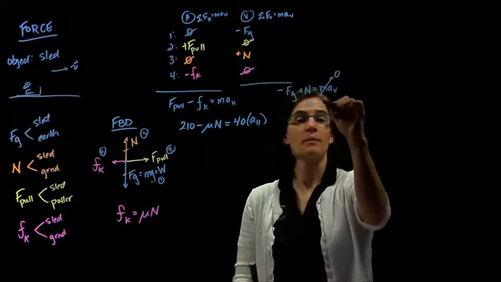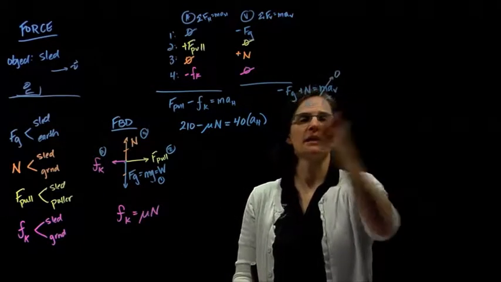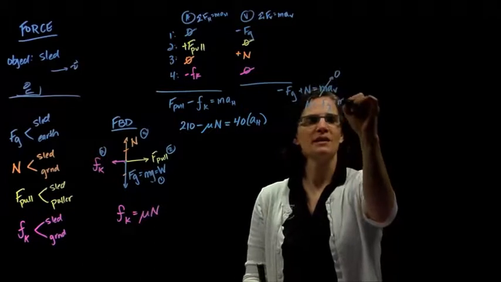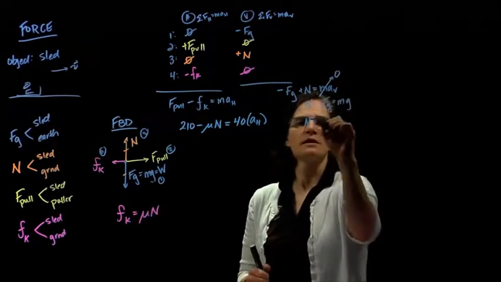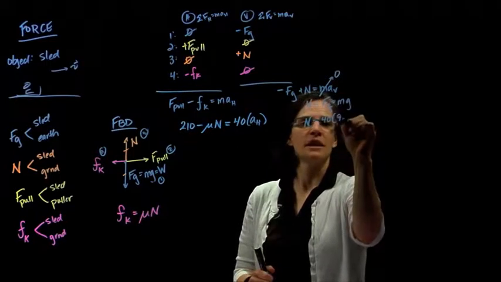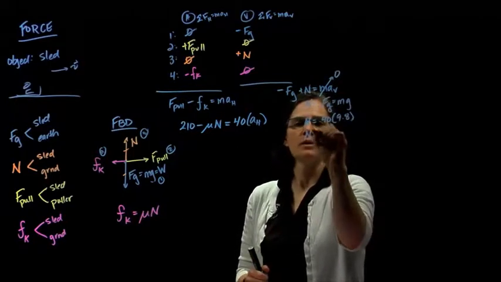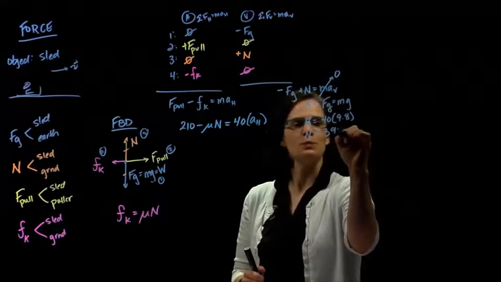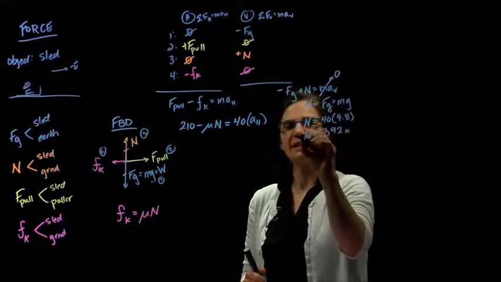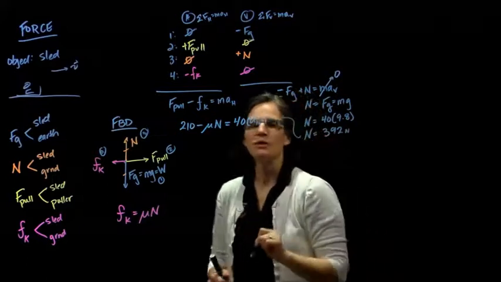And I find that my normal force is equal to Fg, which we know is equal to m times g. So my normal force is 40 times 9.8, or 392 newtons.